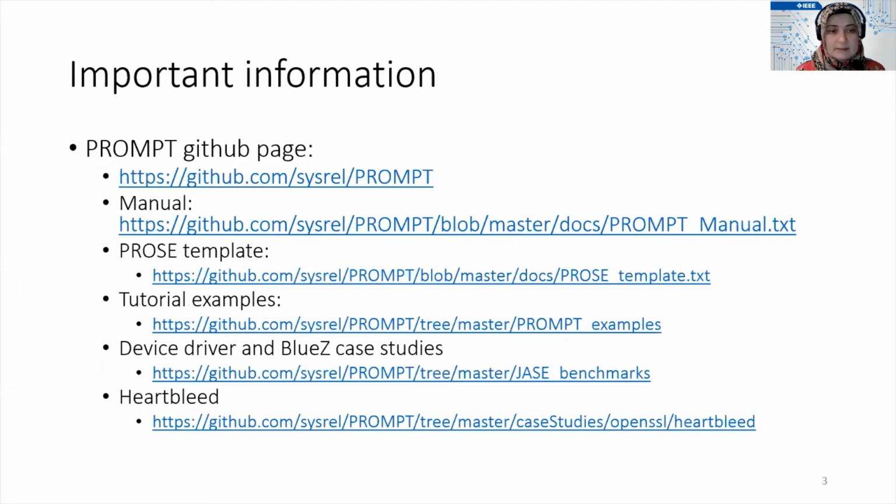You can just turn them on by removing the comments, and we have some tutorial examples under the prompt examples directory. We have some benchmarks about the Linux device drivers and the Bluetooth protocol that we have used in our journal paper. And also we have a directory about the Heartbleed vulnerability.